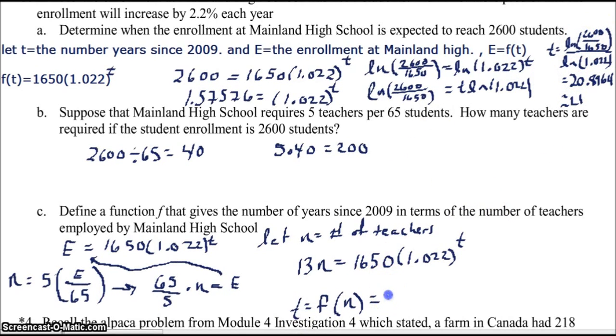Notice that t is equal to the natural log of, in this problem it was our output 2600, and here the output is 13n, divided by the initial value, 1650, the initial number of students, and all that is over the natural log of the growth rate.